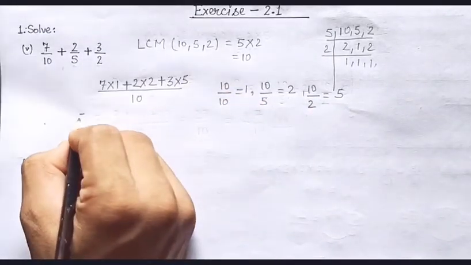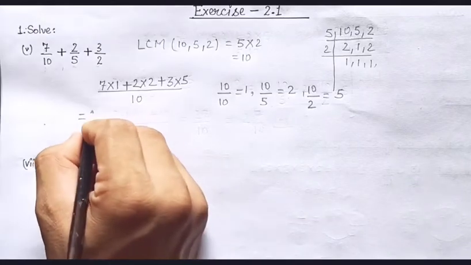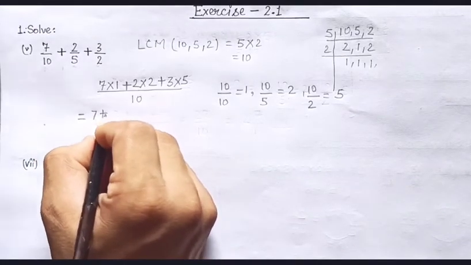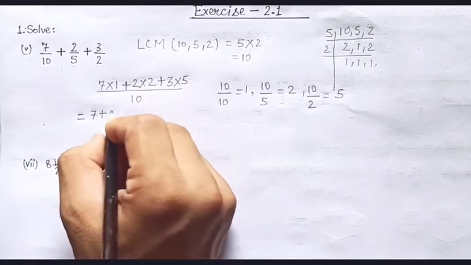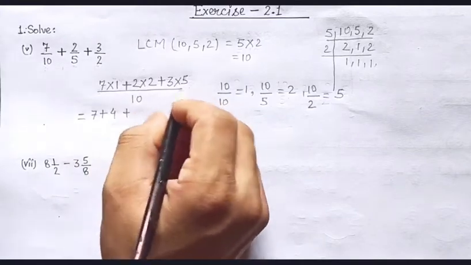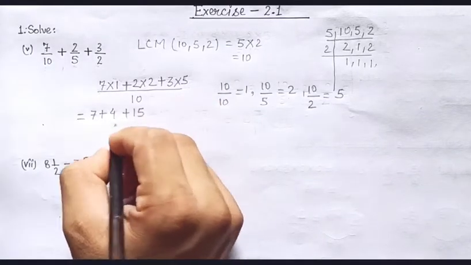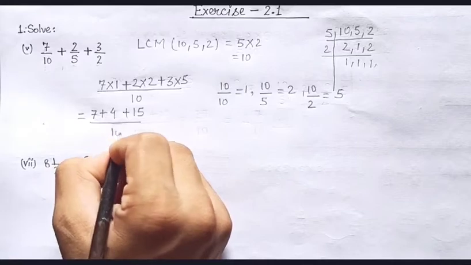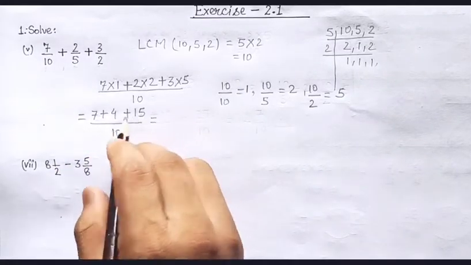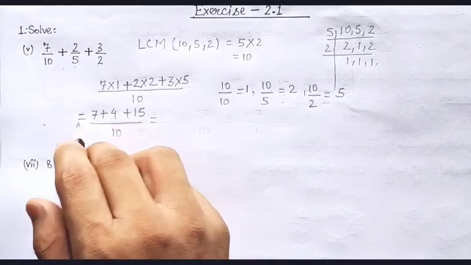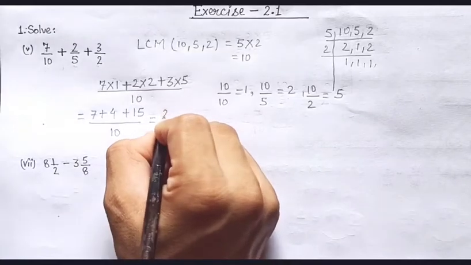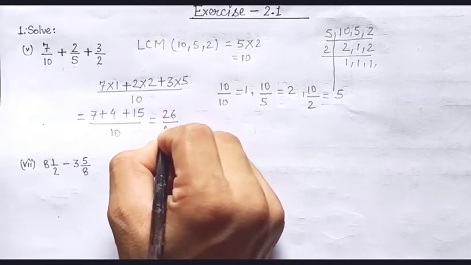So it comes out to be 7 into 1, 7, plus 2 into 2, 4, plus 3 into 5, 15, divided by 10. So 15 plus 4, 19, and 19 plus 7, 26. So 26 divided by 10.